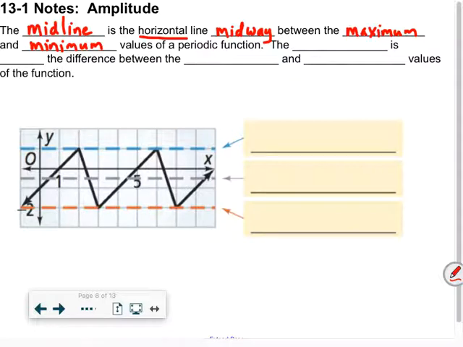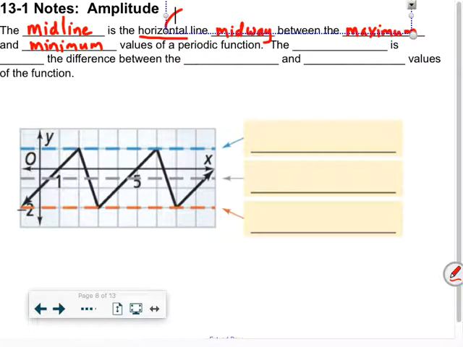So let's start with this first definition. The midline is the horizontal line midway between the maximum and the minimum values of a periodic function. So that makes sense why it's called the midline.